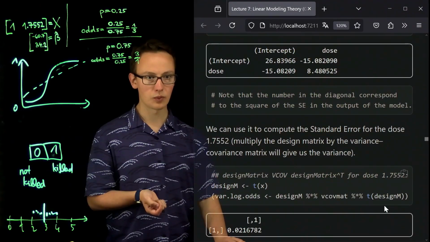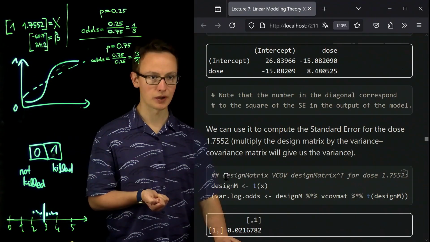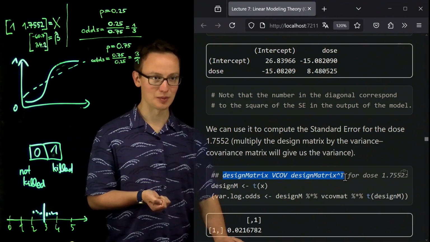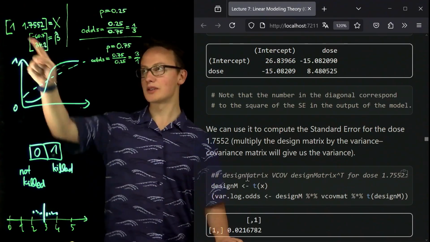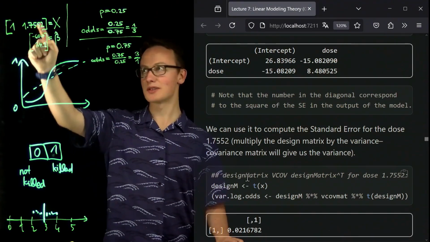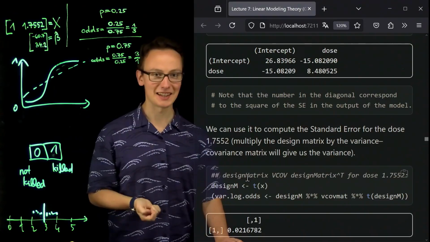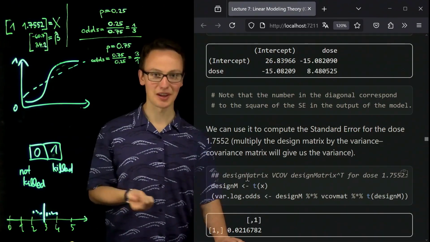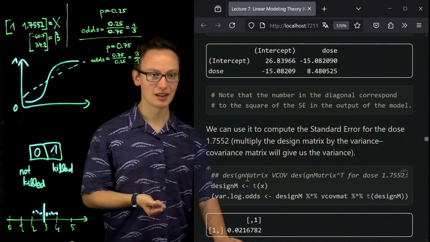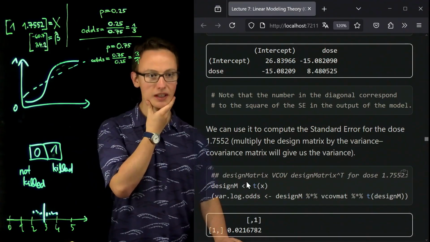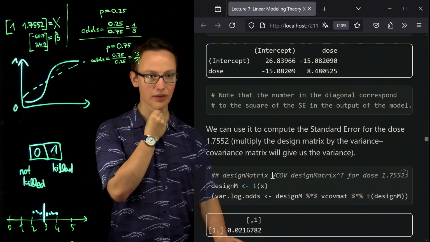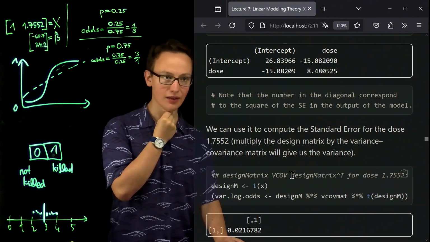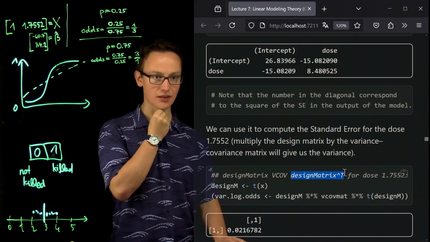And now we can compute the standard error by running the following matrix multiplication. So we will take the design matrix, in this case our little small design matrix for just this particular data point for the dose, okay, so 1.7552, and we're going to multiply the design matrix with the variance-covariance matrix and then the transpose of the design matrix, okay?